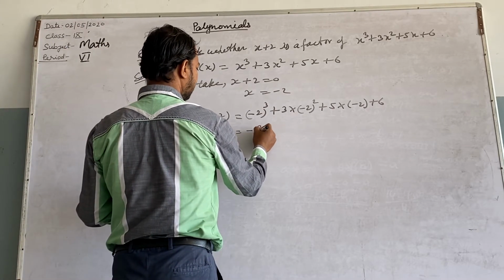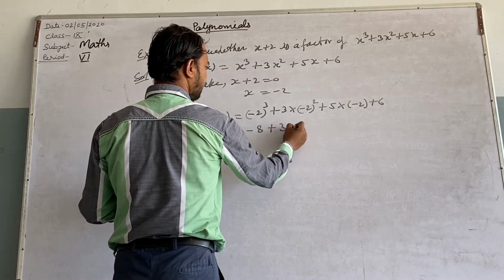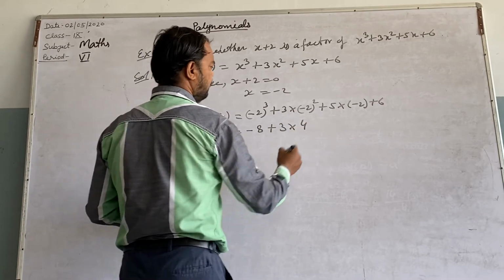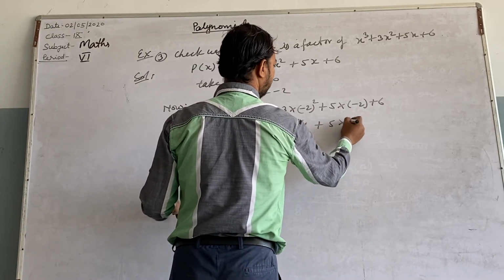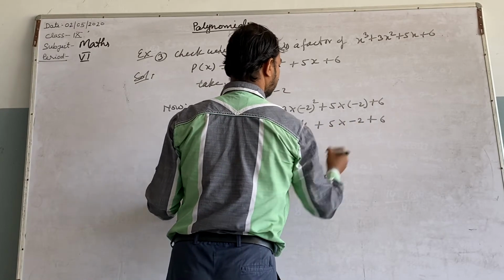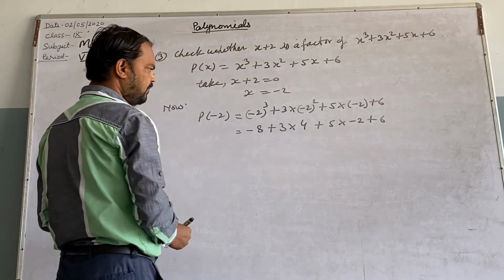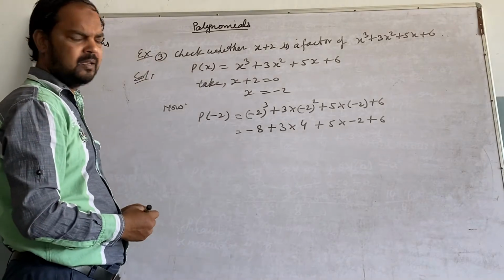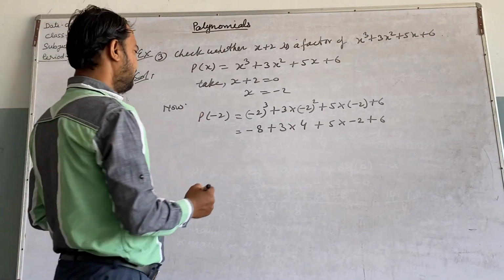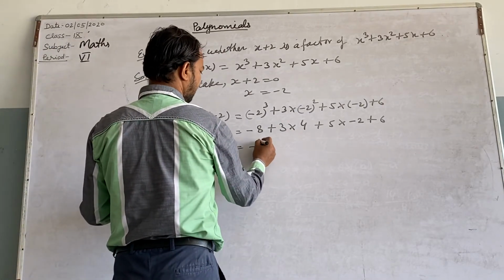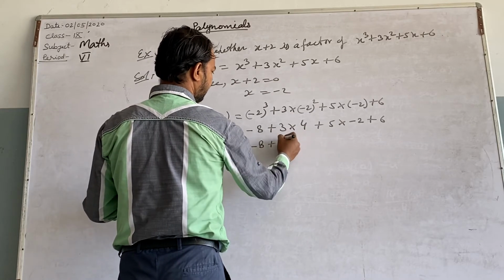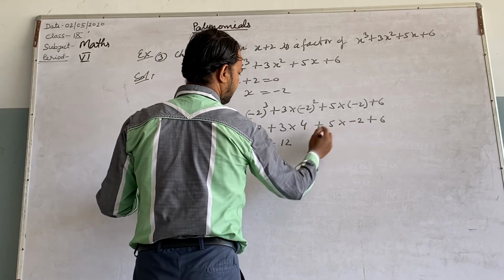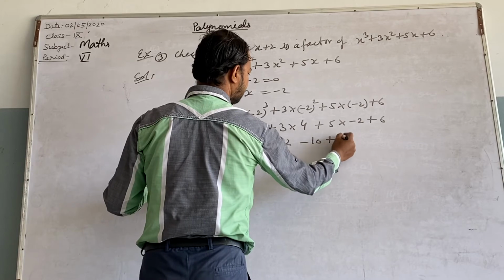So minus 8 plus 3 into 4 plus 5 into minus 2 plus 6. Then next we will try to multiply. First of all power, then multiply. What is multiply? Minus 8, 3 4 12, 5 minus 2 minus 10 plus 6.